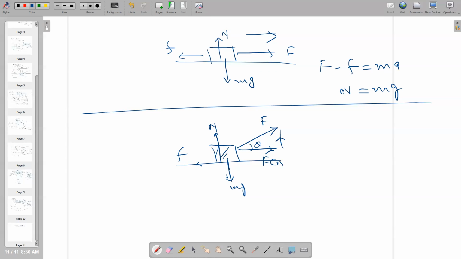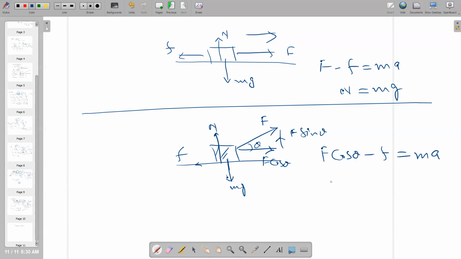This is equal to F cos theta and this is equal to F sin theta. So the horizontal component is F cos theta. Now we can write the equation F cos theta minus f is equal to net force, and net force is ma.